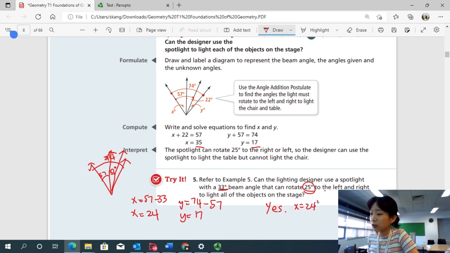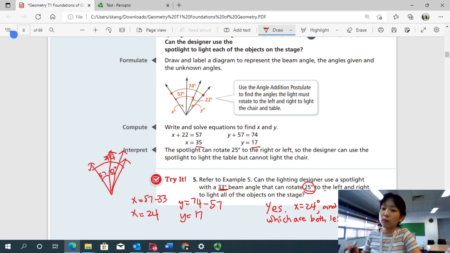X is 24 degrees, and y is 17 degrees, which are both less than 25 degrees. Okay?